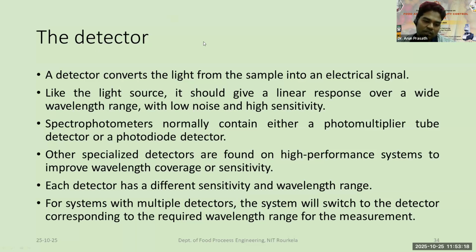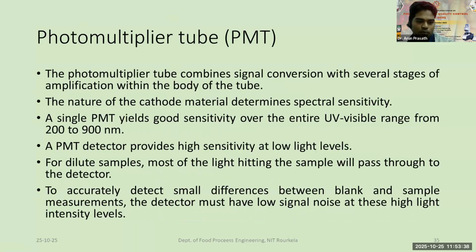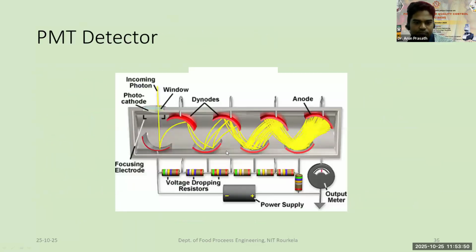Now we come to the final part, that is the detector. After the light is incident on the sample, the transmitted light has to be detected by some technique. There are various techniques which allow us to detect the quantity of light transmitted. We have a photomultiplier tube, commonly called PMT, which can be effectively used to measure 200 to 900 nanometers.